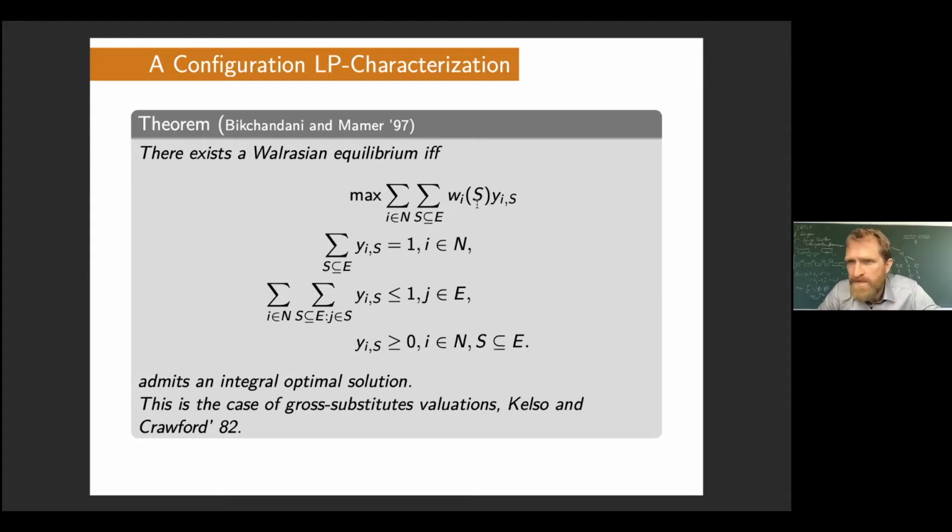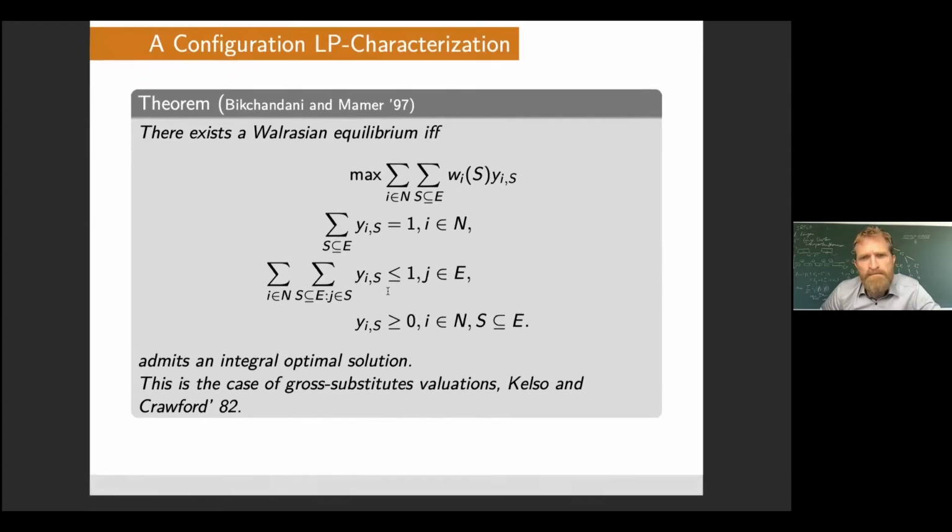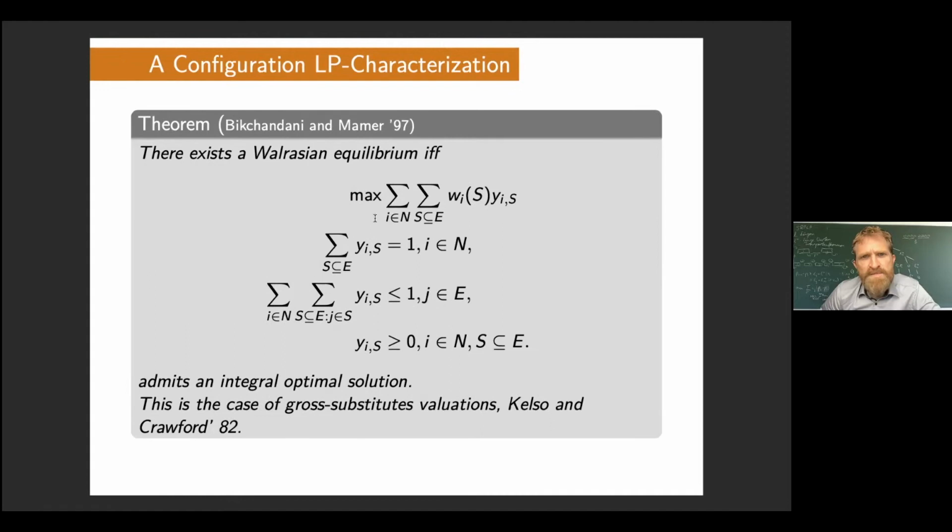This is the value he receives if he gets this subset of items. Here we more or less randomize per player over all these possible sets he may choose. And the story of this result is: we can sell all the items in terms of a Walrasian equilibrium if and only if this LP admits integral solutions. This is the main result here.